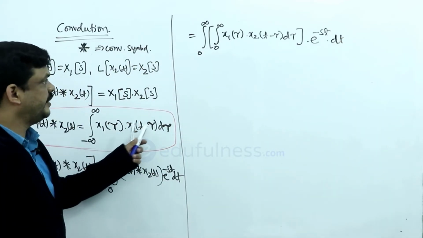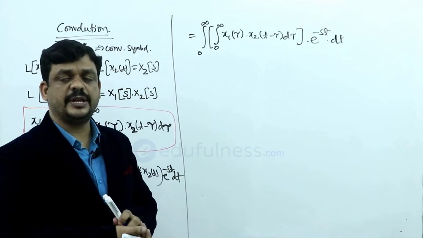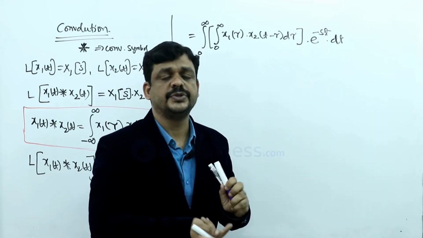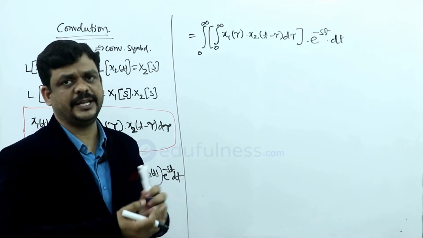But this convolution equation is in terms of tau. So, here two integrations are there, one with respect to tau and one with respect to t. That is why I want to write separate integration parts.